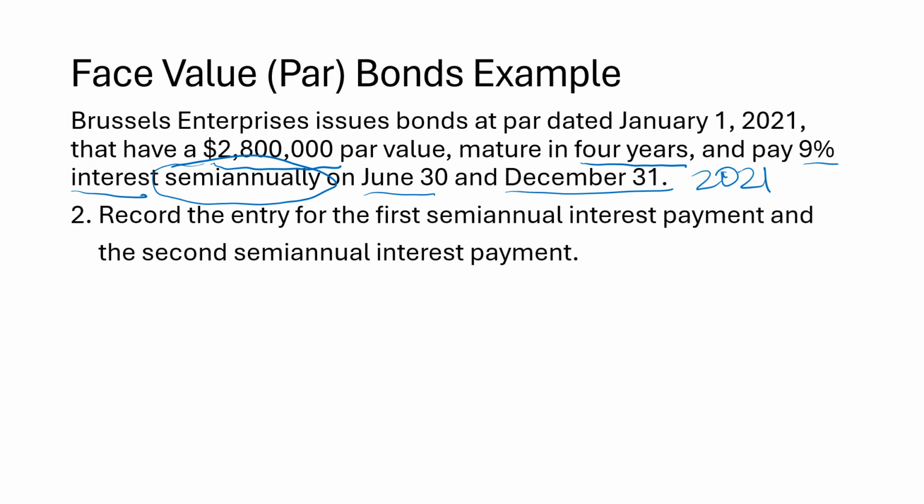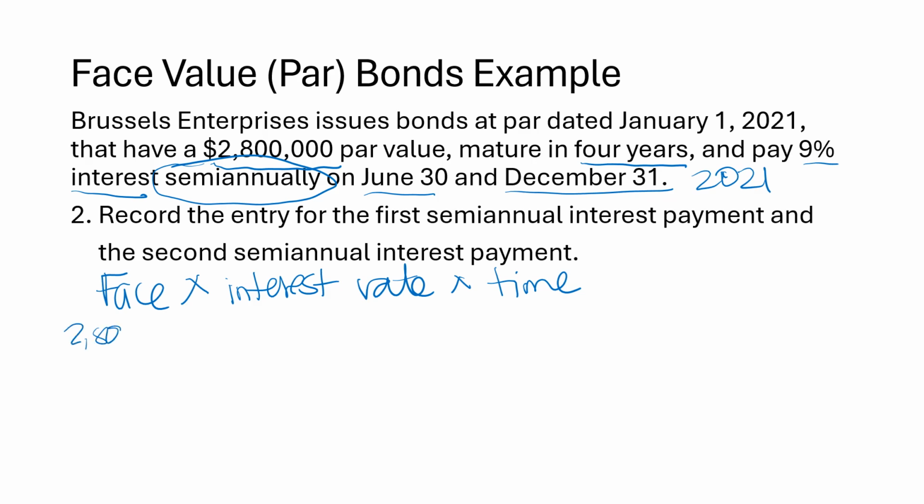Remember that's going to be the face amount, times the annual interest rate, times the time period. So the face amount is 2.8 million times the annual interest rate of 9%, but that is an annual rate.